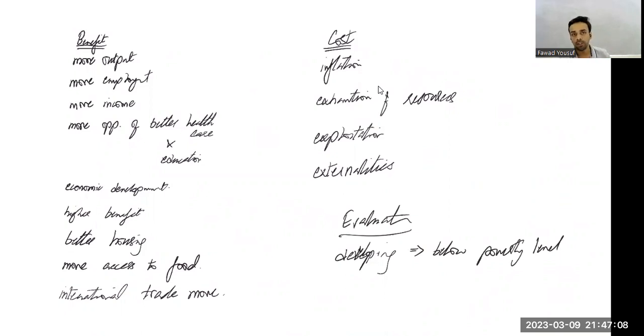And so every dollar more produced, every more individual getting work, every extra output produced, everyone's access to food and better healthcare and development is going to really improve their life.